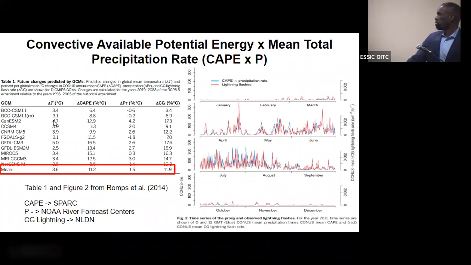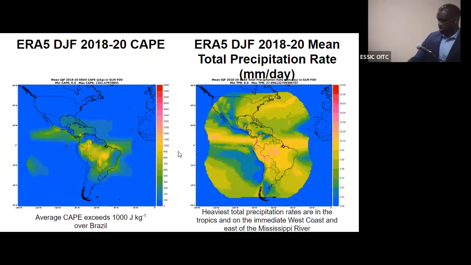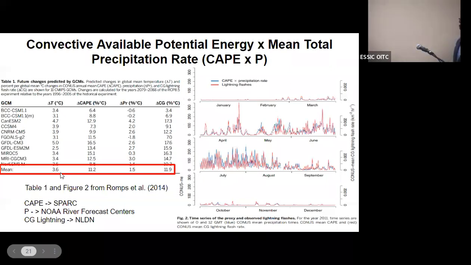With a mean of all of these models of a mean temperature change of 3.6, sorry, this gave an increase in lightning of almost 12% for that change in temperature.